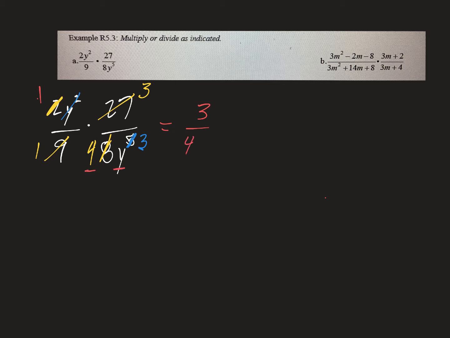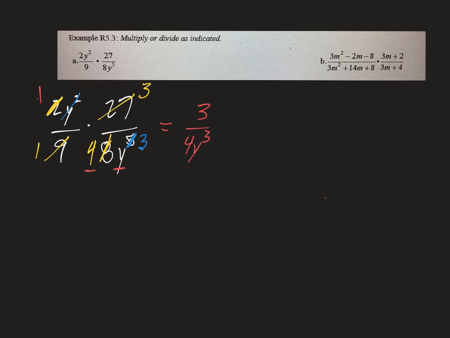So we've got 4y to the third at the bottom. Now, if you had multiplied this out the long way, you would still get the same answer. You would just have to reduce your numbers at the end, and it can be a little bit more tedious. So always look for things that we can simplify. Any term on top versus any term on bottom can be simplified.